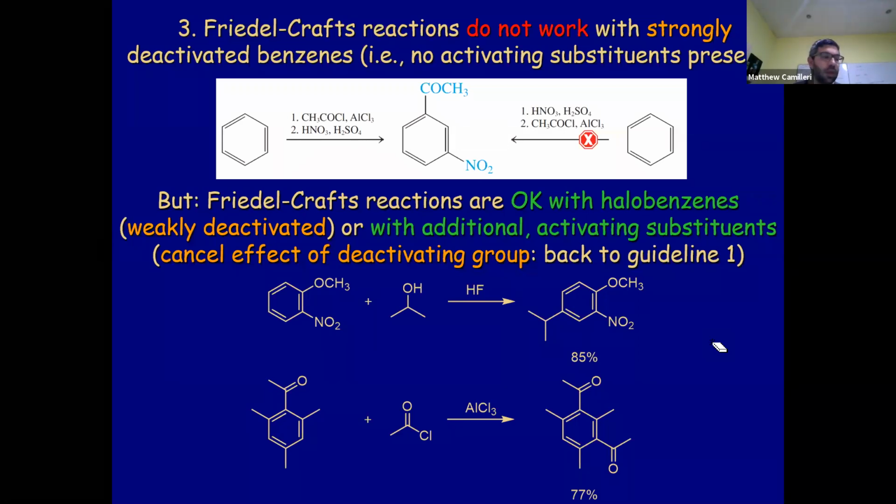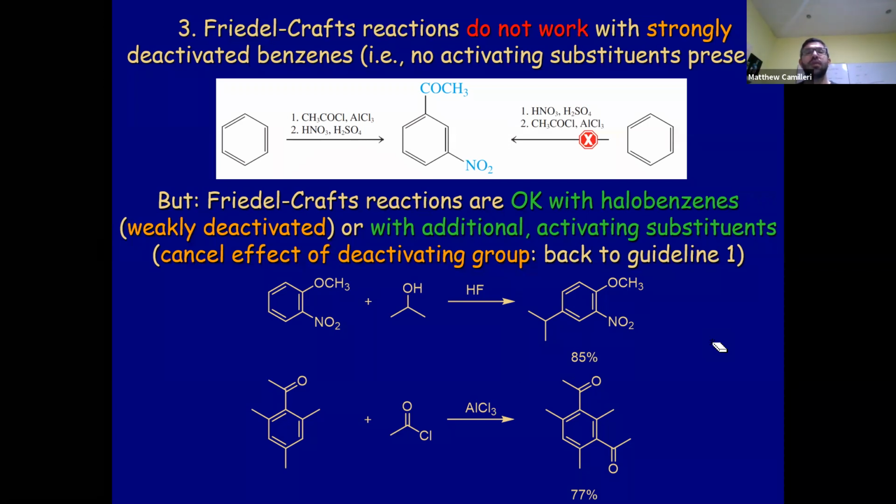Now, if you were to have something like a nitro and an ether group, the ether is highly activating, the nitro is highly deactivating, so they will cancel out the effect of each other, which means that it's going to be either weakly deactivated or slightly activated.